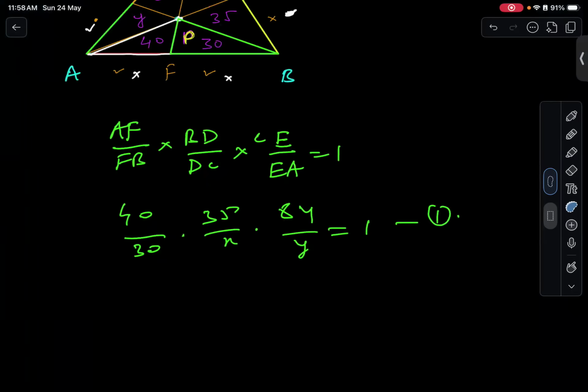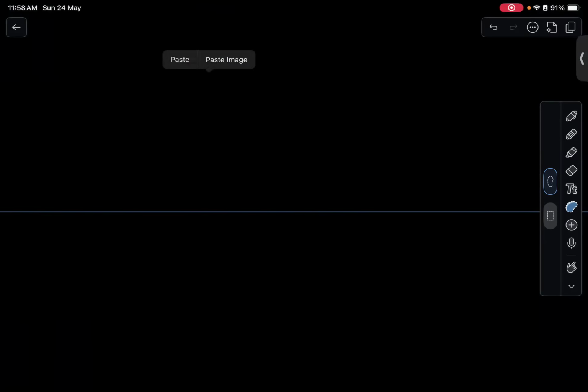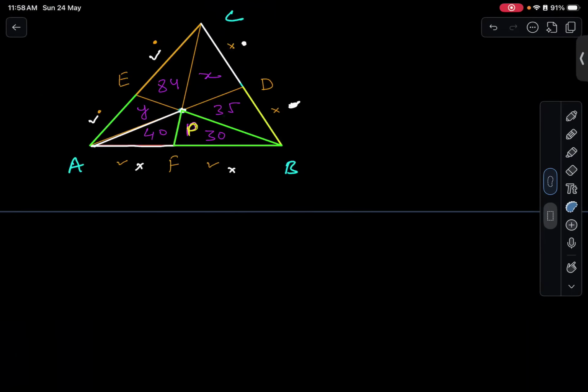The second equation from this, we have lots of methods, because we know the ratio of area of ACP against BPC, this area, is giving me the same proportion as we already saw, or the total one.